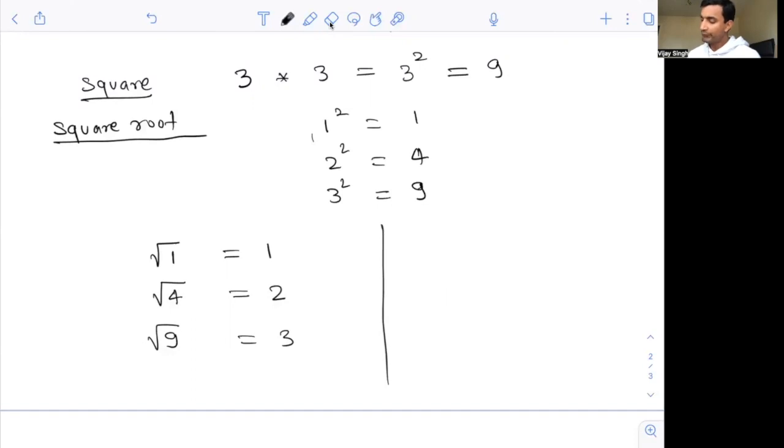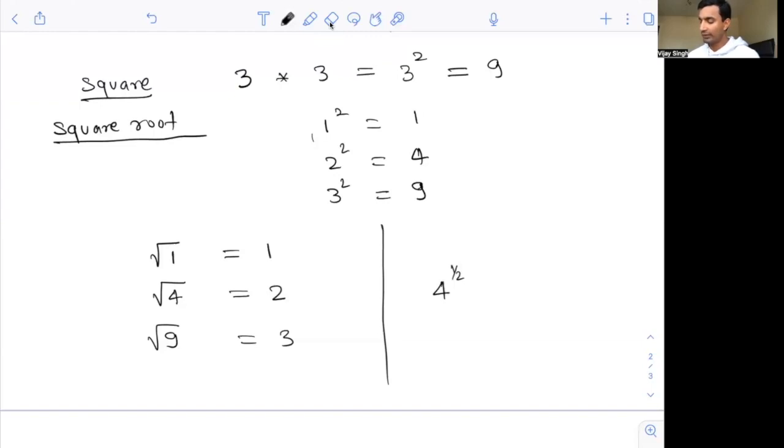The way the square operation is, you take a number and put the square operator on the top of the number. We can also represent the square root as 4 to the power half. So squaring is multiplying the number with itself. Square root is like doing this operation where you're doing the square root of 4, which is represented as 4 to the power half.